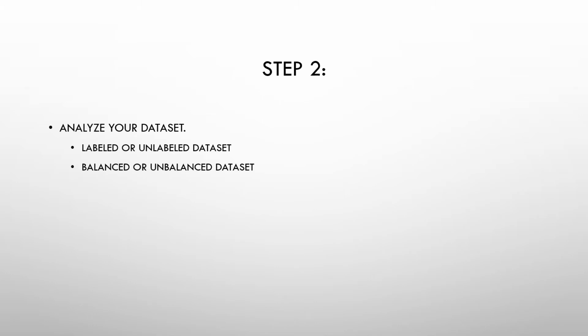If it is a multi-class data set, you will have more options. But if the class has only two values, yes or no, you will check whether the number of yes is equal to the number of no's. It means whether the positive is equal to the negative. If it is equal, that is called a balanced data set.